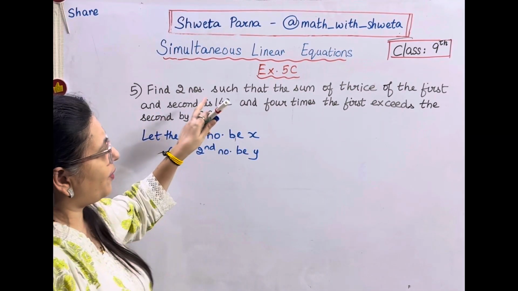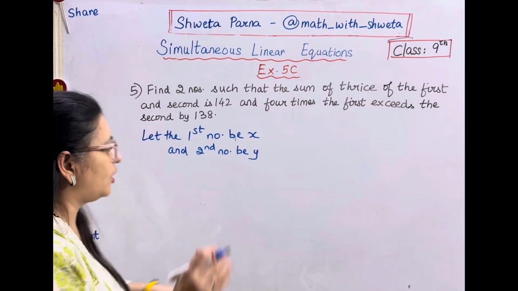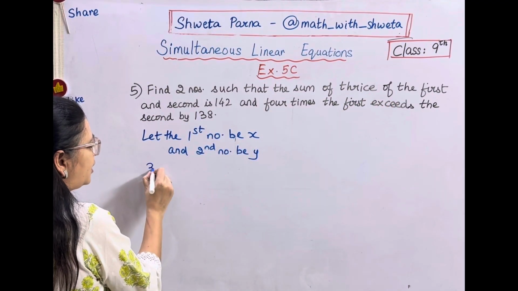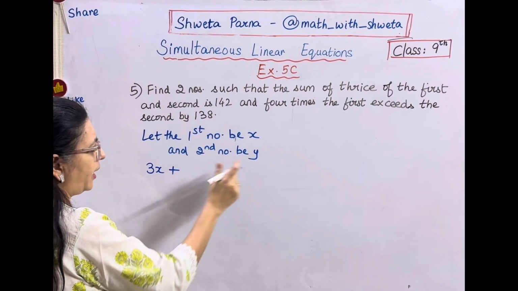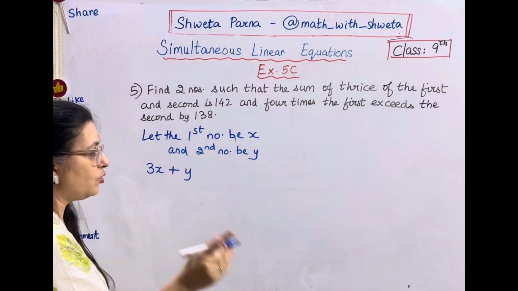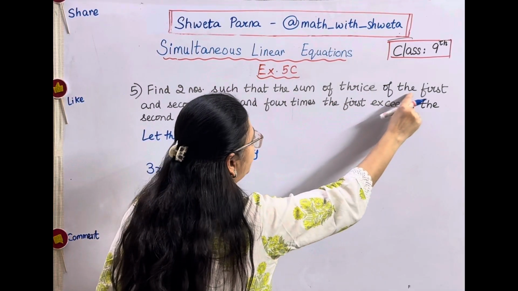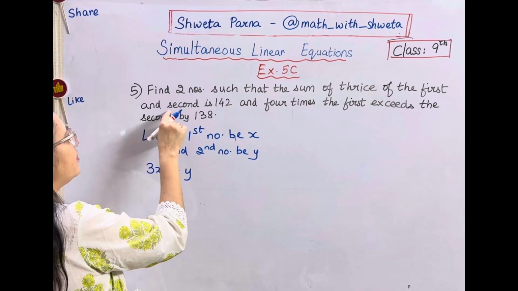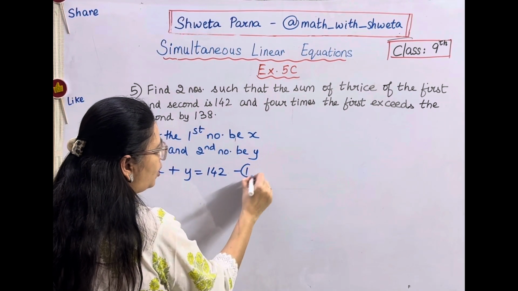Now, find two numbers such that sum of thrice of the first. Thrice of the first means 3x. Sum means add. And second is y. Here it does not mean that it is thrice of y. It only means thrice of the first and the second number. It is 142. This is equation 1.